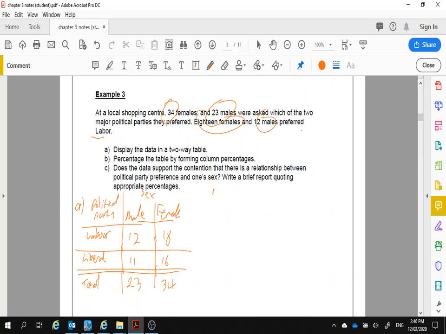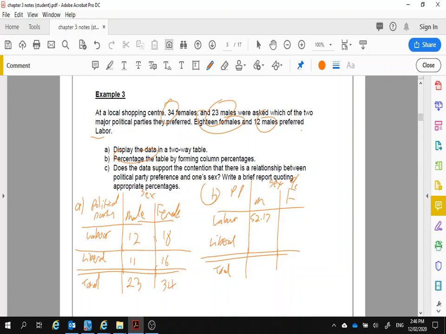Part B, we've got to convert it to a percentage table. So, political party, Labour, Liberal, total, the sex, male, female. Okay, 12 out of 23 times 100 gives us 52.17.